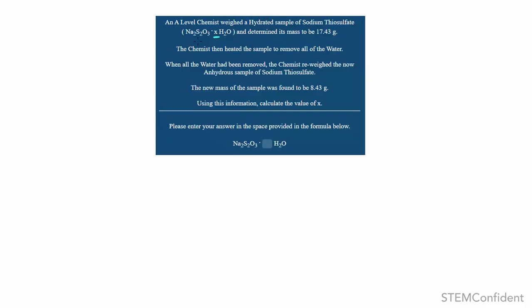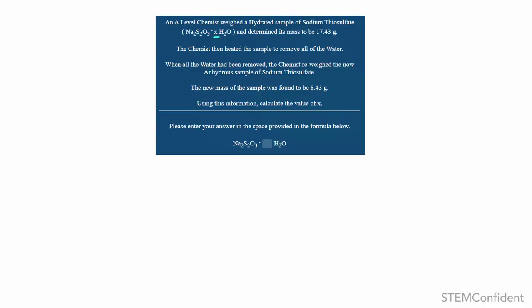And the way I'm going to approach this is I'm going to try and work out the number of moles for the sodium thiosulfate in its anhydrous form, and the number of moles of the H2O present.